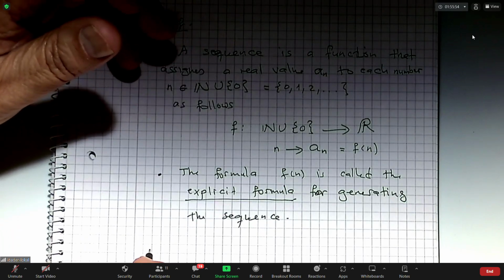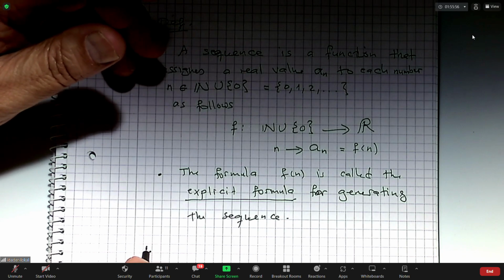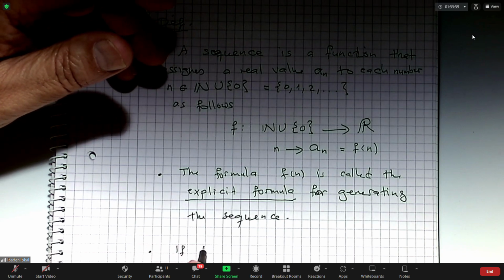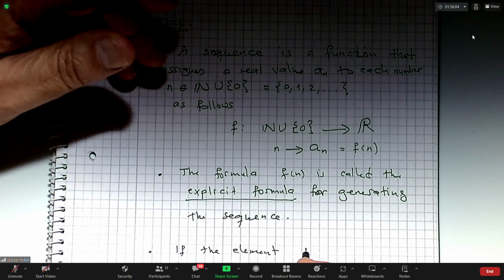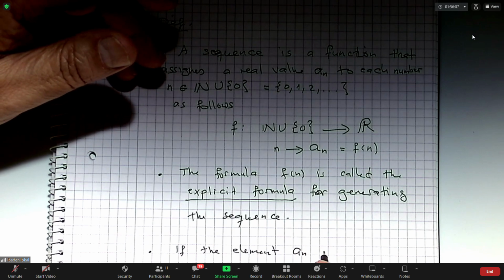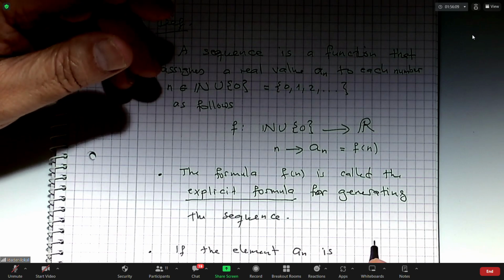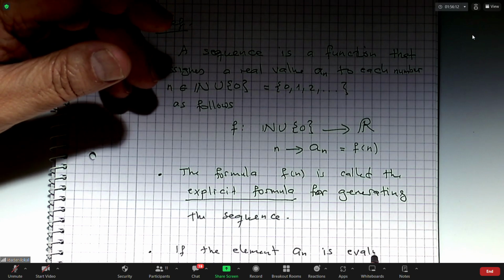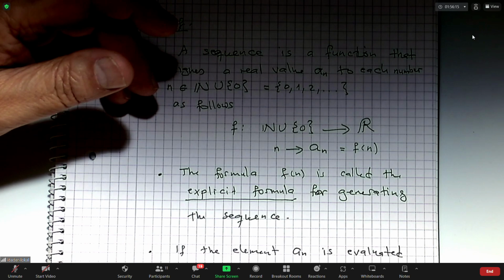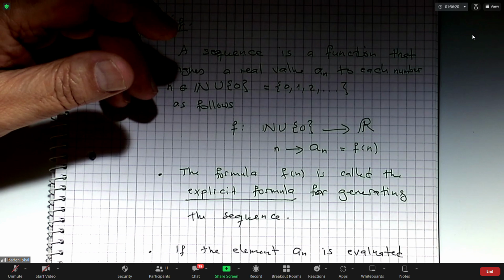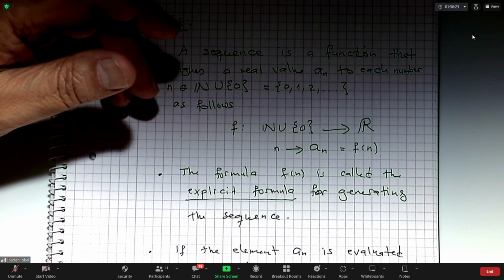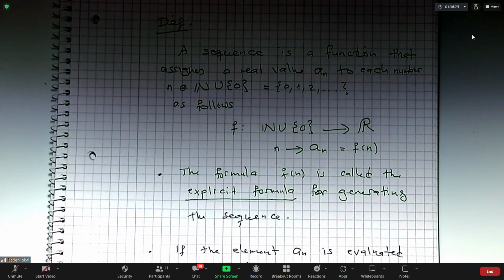There is another way to generate the formula, if the element is evaluated using previous elements. We call this the recursive formula.